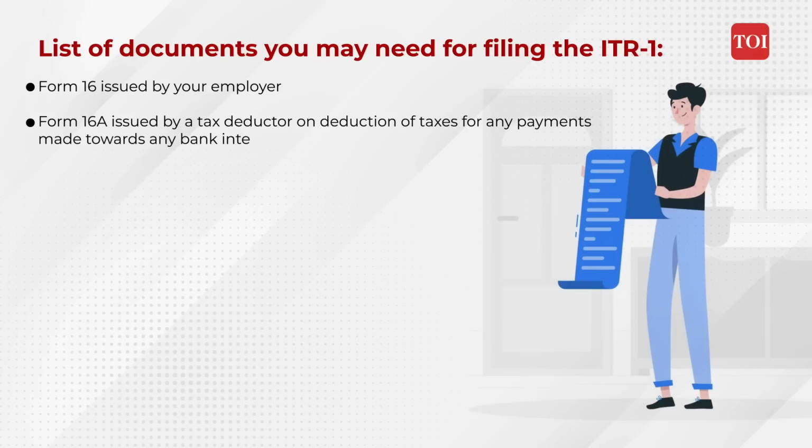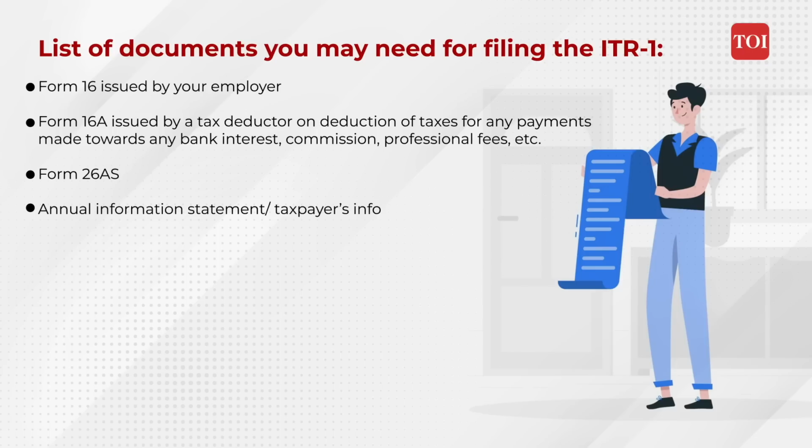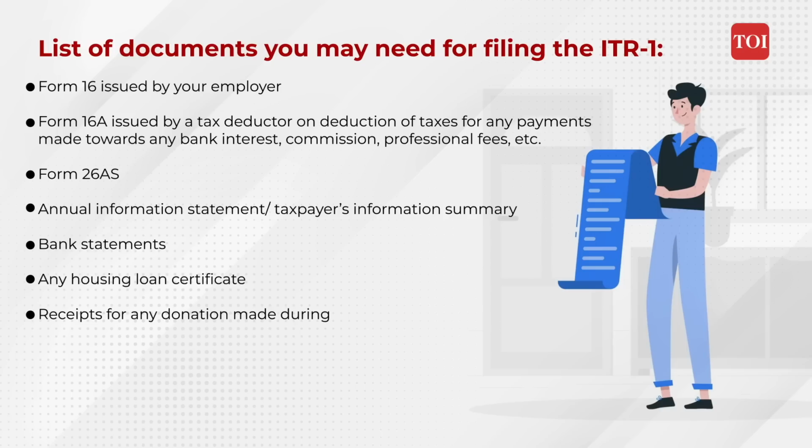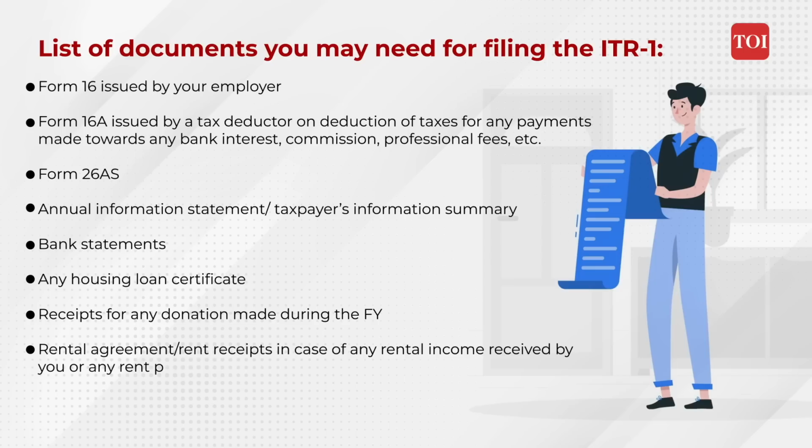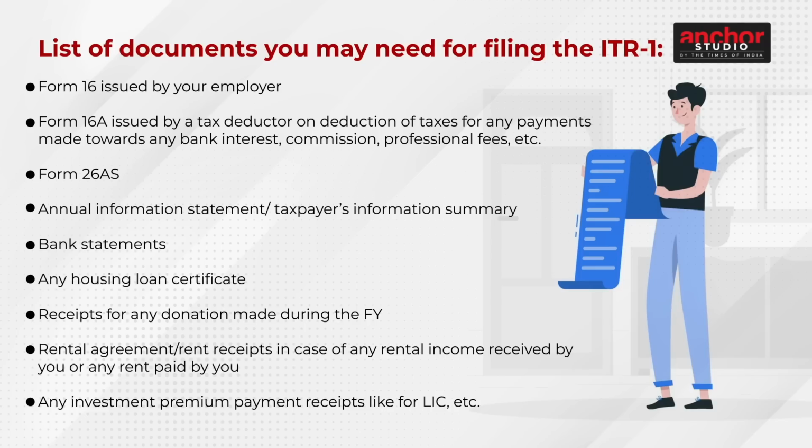As a taxpayer, you should download your Form 26AS again from the income tax website. Form 26AS contains details of all income on which the taxes have been deducted. Now recently, what you can also download from your portal is the Annual Information Statement, AIS and TIS. In fact, that is very helpful because it captures all the important transactions that you've undertaken during the year.